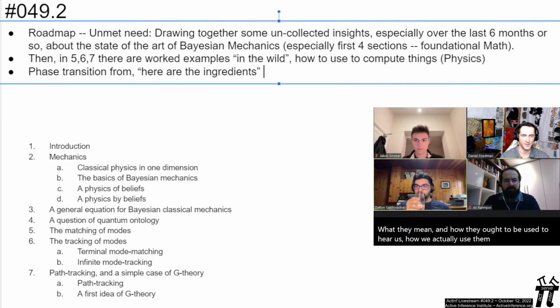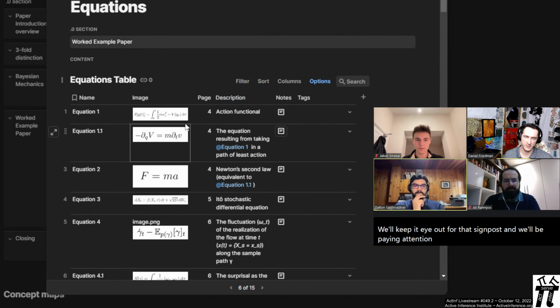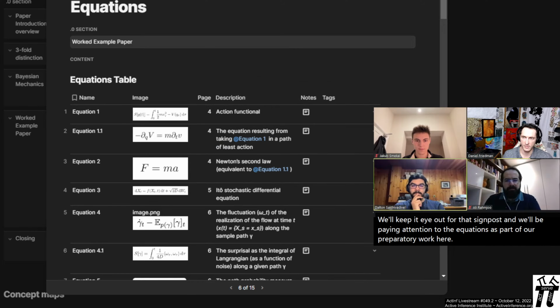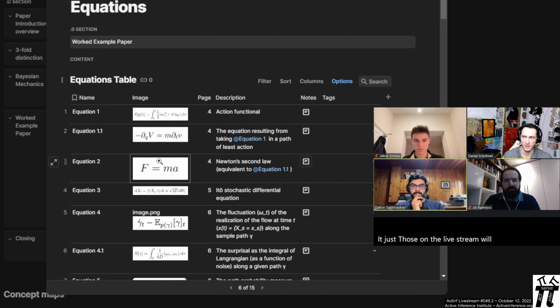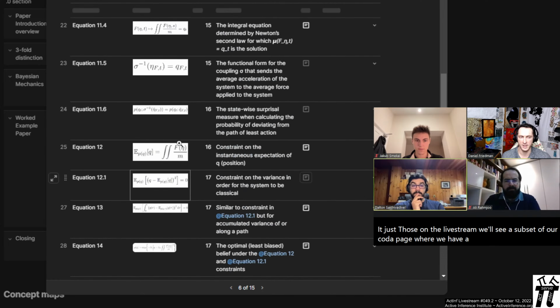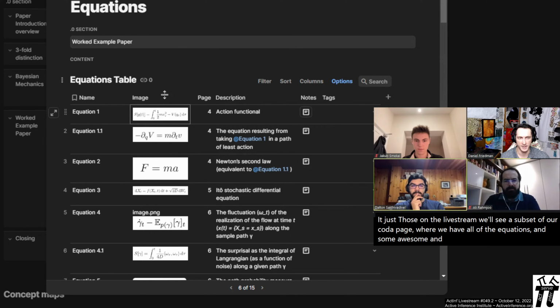We'll keep an eye out for that signpost, and we'll be paying attention to the equations as part of our preparatory work here. Those on the live stream will see a subset of our CODA page where we have all of the equations and some awesome annotations by Ali.